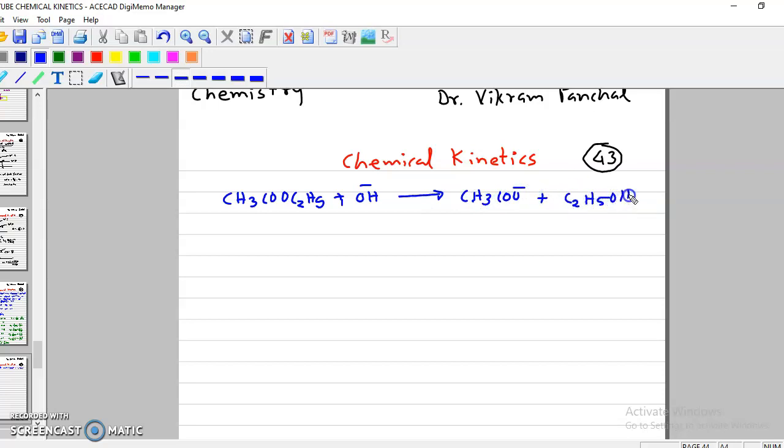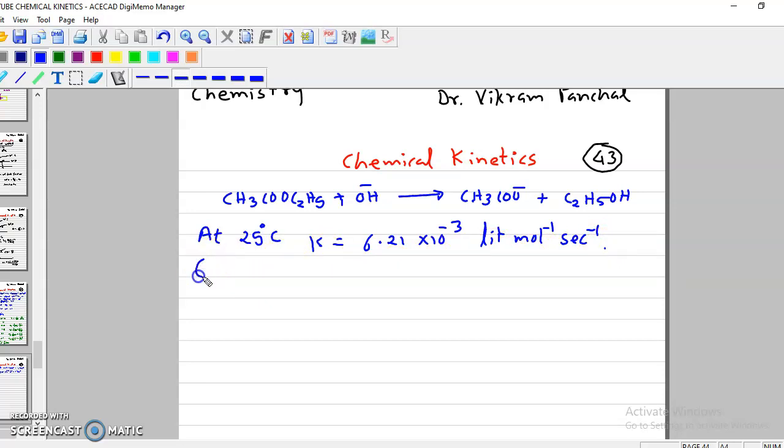As this reaction is of second order, some information is given. At 25 degrees Celsius, K is equal to 6.21 into 10 raised to minus 3 liter mole inverse second inverse. From the unit of K we can find out that this is of second order.